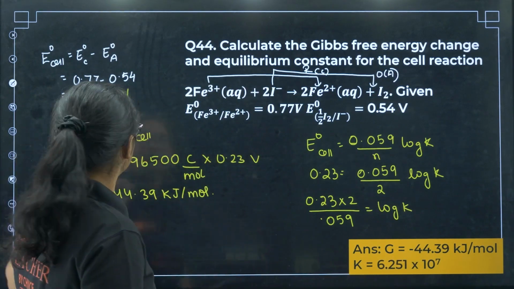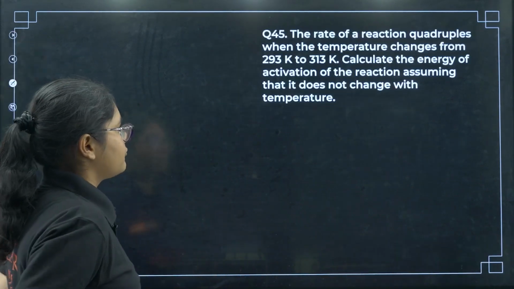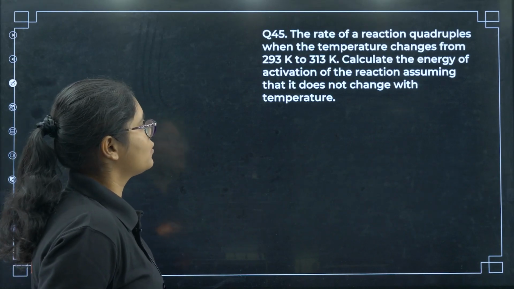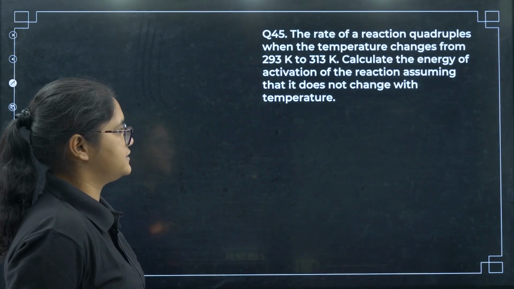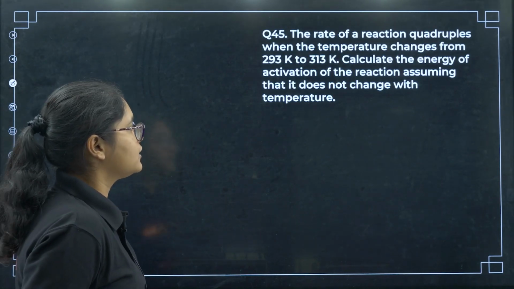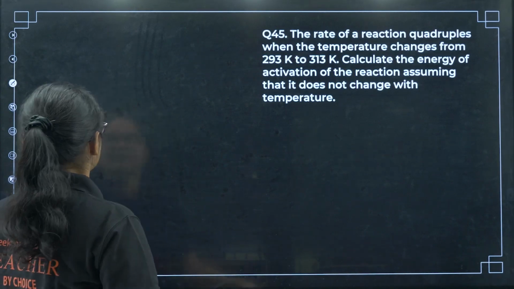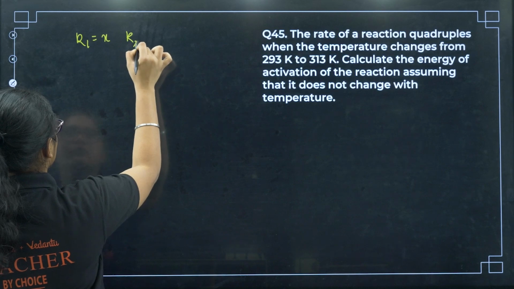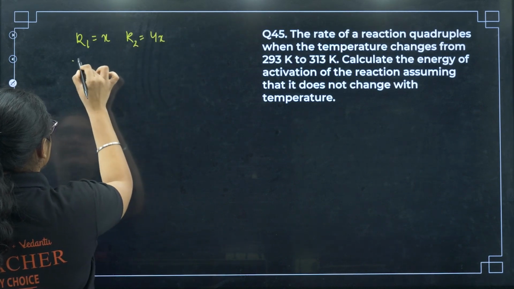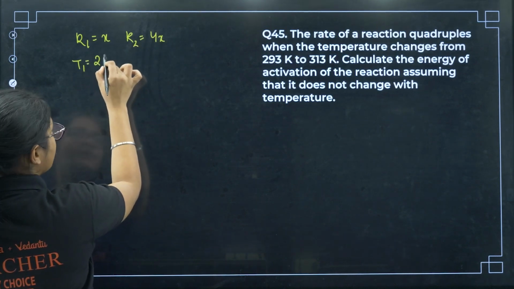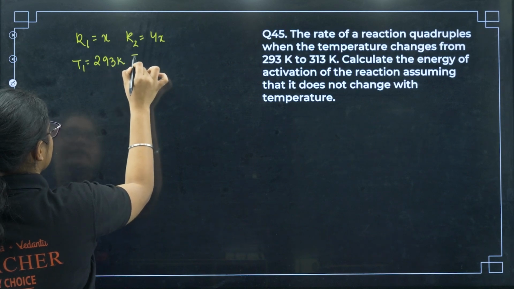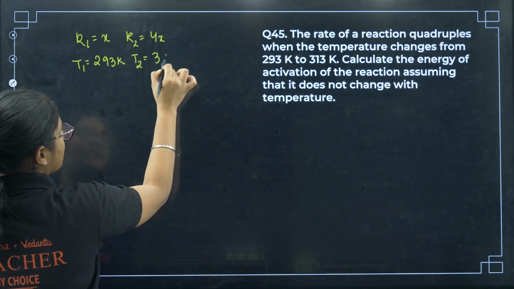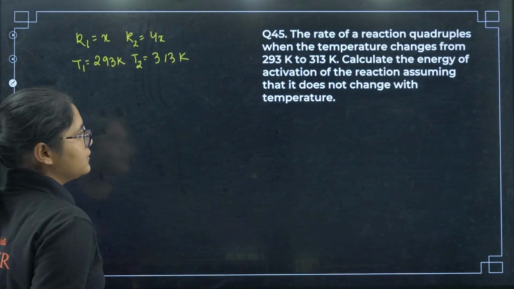7, okay. Next, question number 45: the rate of a reaction quadruples when the temperature changes from 293 to 313. So I can say that if K1 is equal to x, then K2 will be equal to 4x. Here the temperature T1 is 293 Kelvin and the temperature T2 is 313 Kelvin, right?